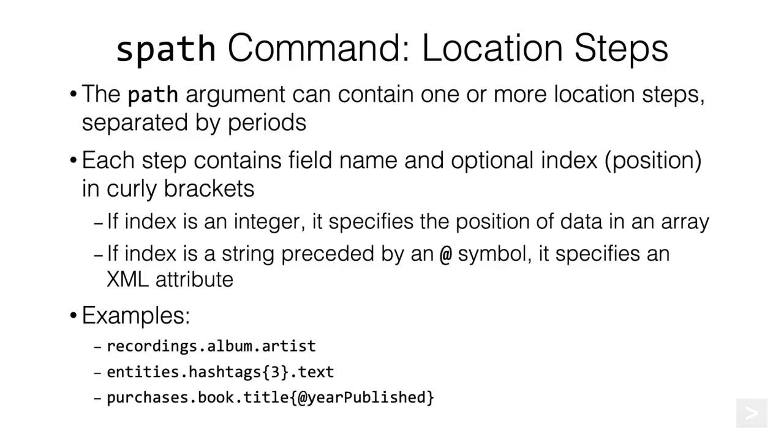When we're specifying index, that is a position within an array in terms of discussing JSON or XML formatted data. In JSON, numbering begins with 0. In XML, it begins with 1. And if the index refers to an XML attribute, you must specify the attribute name with an @ symbol.